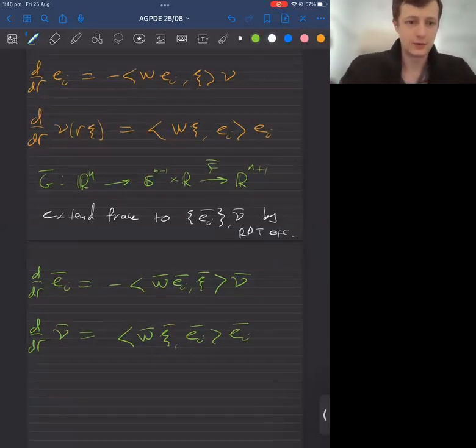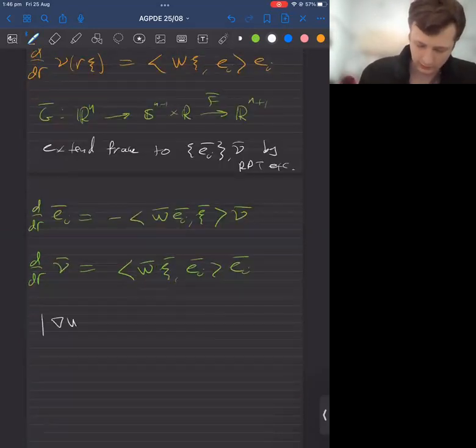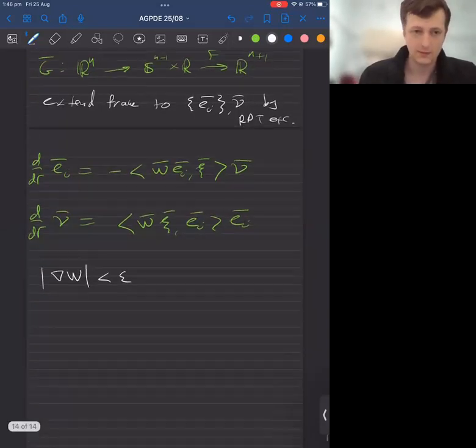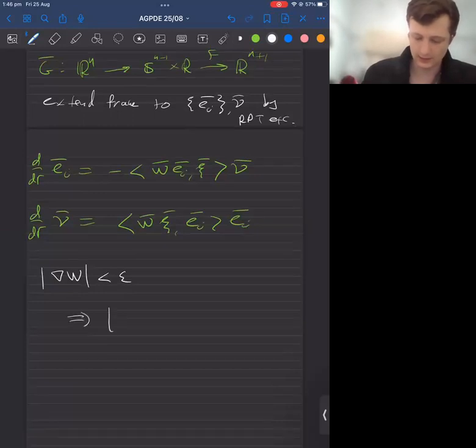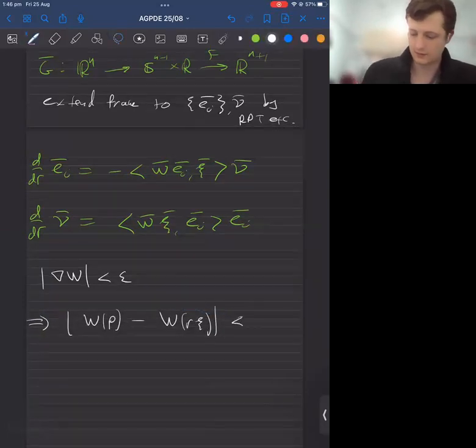So now what happens? Because the gradient of my Weingarten map is so small, I can integrate this, and I get that if I just look at P and then subtract off the same thing after moving along, this is less than epsilon r.